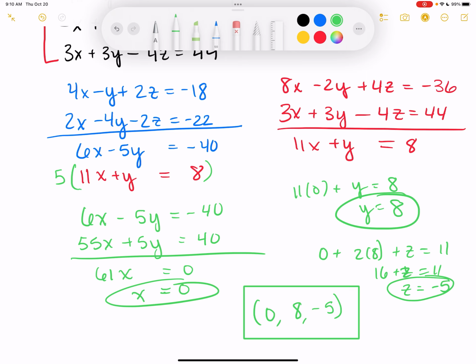Substitution. Some of them say to specifically solve by substitution. I would tell you that I would not solve by substitution unless they give you one like, well, I'll just save it for tomorrow.